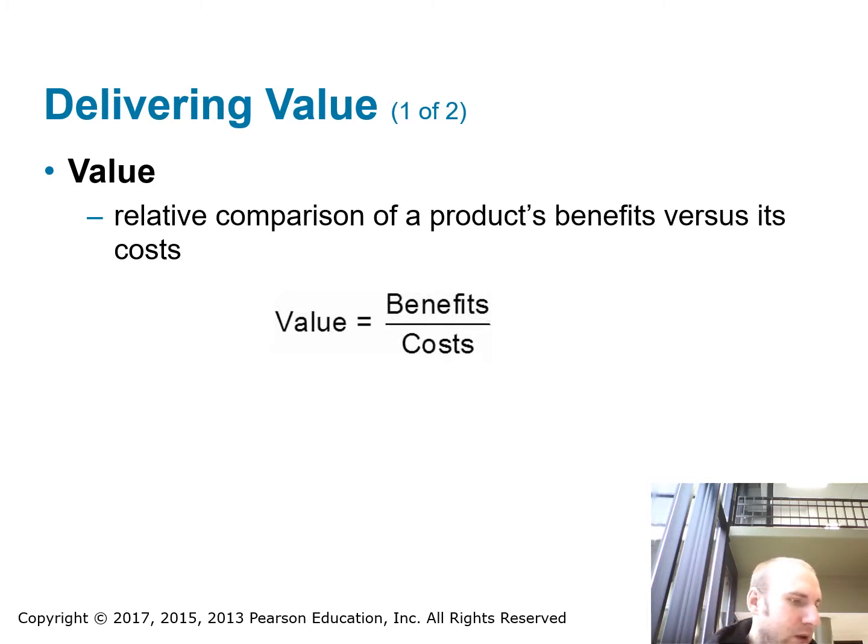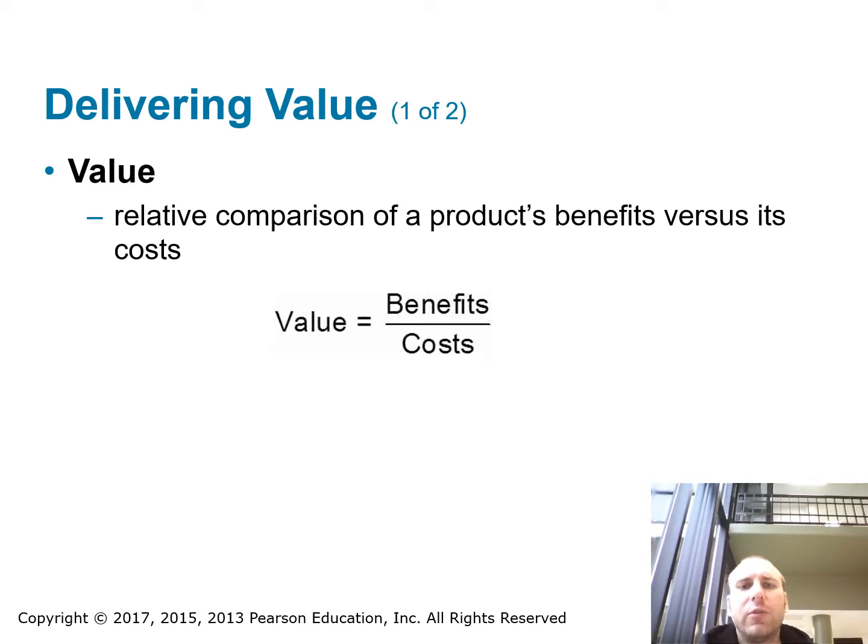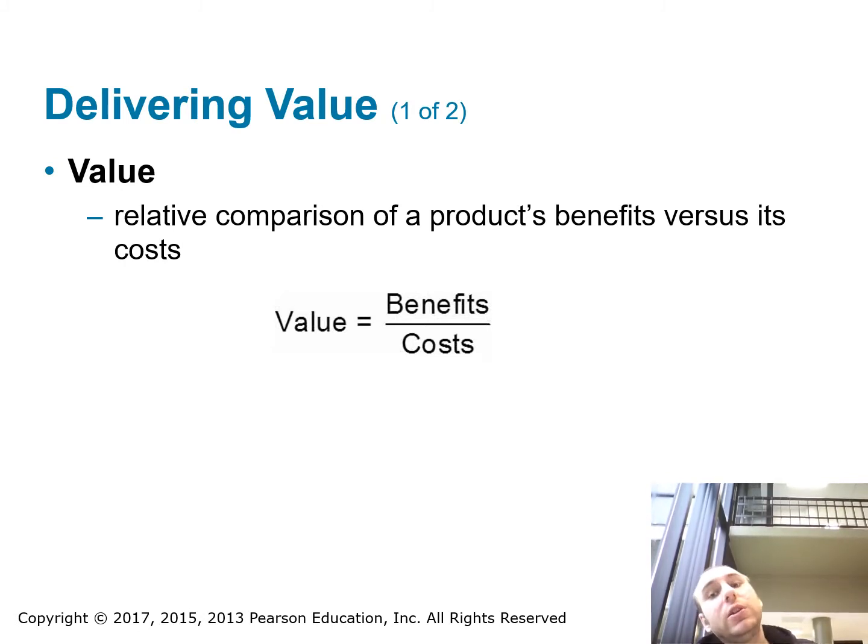So, how much will this help divided by how much will this cost is the formula for value. Okay, so in order to increase the value, you would either cut the costs, make the costs lower, or you would increase the benefits. So if you can't increase the benefits, you would cut the costs.